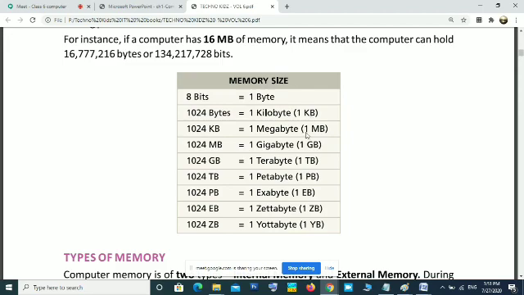Then 1 MB. If you take a photograph in your mobile phone, it will be 1 to 10 MB. Some mobile phones take 10 MB or 15 MB, and some take 1 MB. That means the photo occupies only that much memory in your mobile phone or computer.